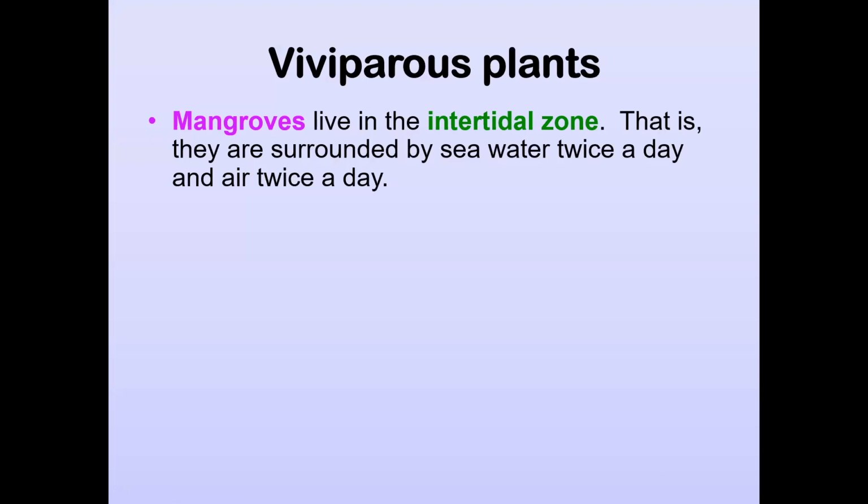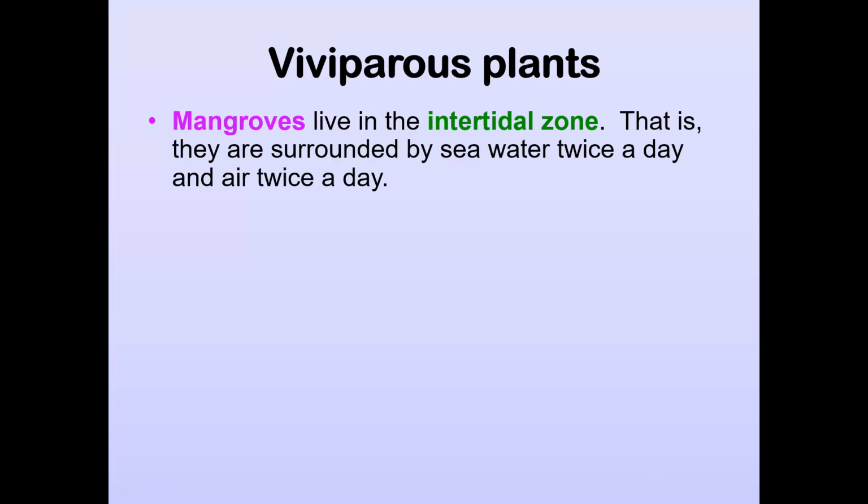Now, viviparous plants, vivi means live bearing. So they don't drop seeds because the seed will get washed away in the intertidal zone for mangroves.